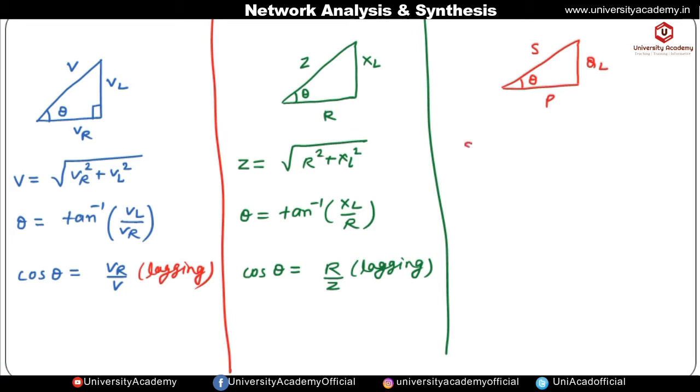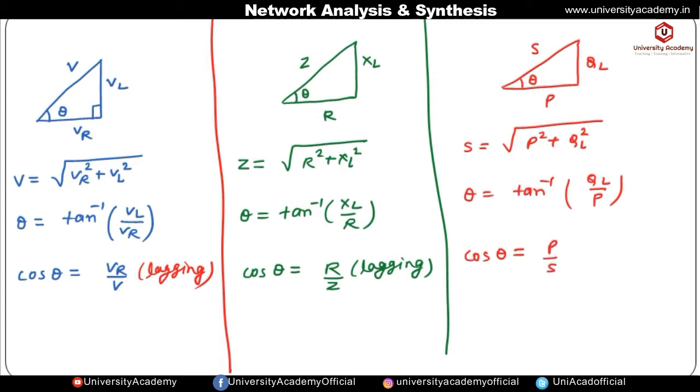So this apparent power S is given by square root of P square plus QL square, and this theta is given by tan inverse of QL by P. If we find the cos theta from this triangle, it will be P by S, and again it will be lagging. Lagging means current will lag the voltage by angle theta.